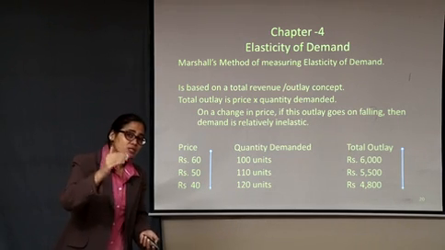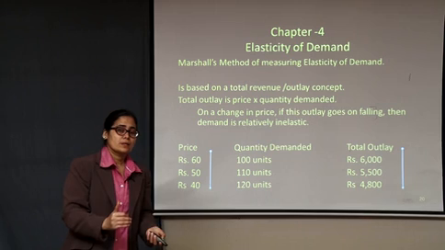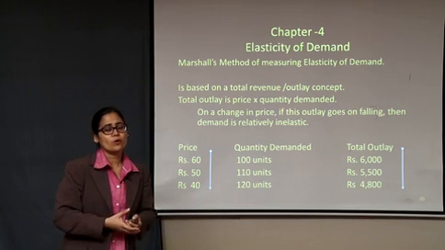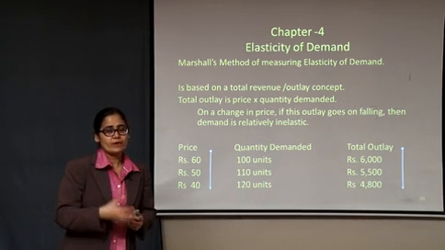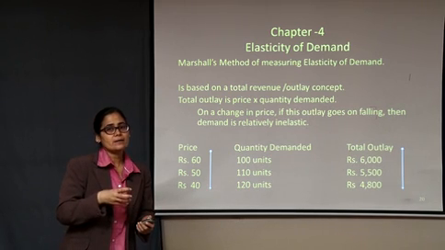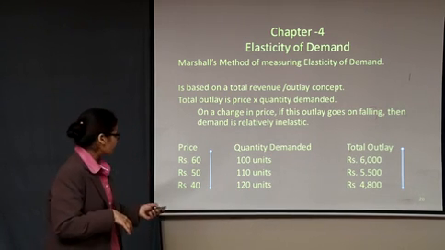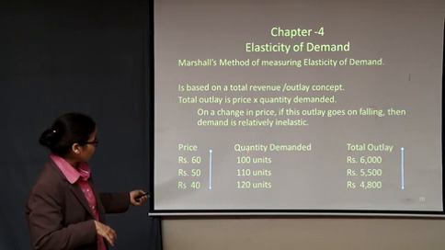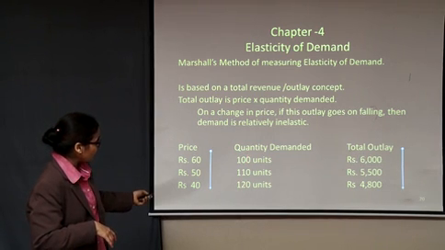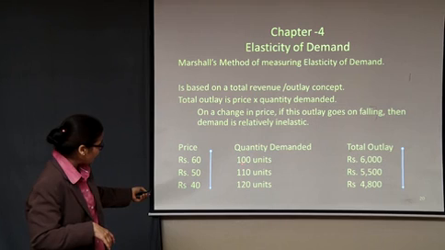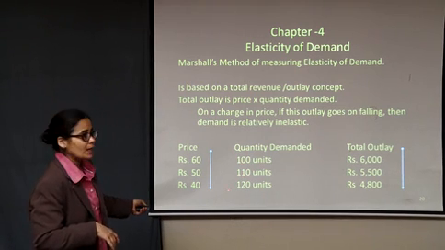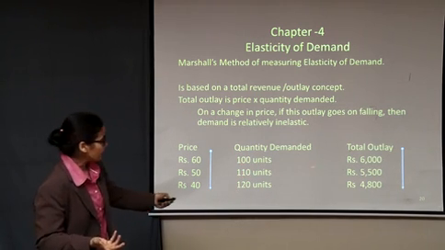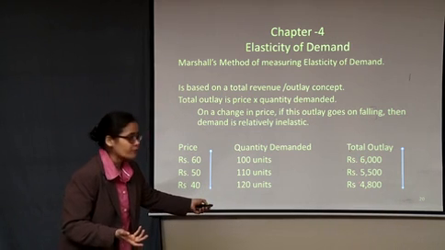The person's expenditure is going down. Now when does a person's expenditure go down? When people buy less. But here the quantity demanded is not coming down, it's more: 100, 110, 120. But why is the total expenditure falling?